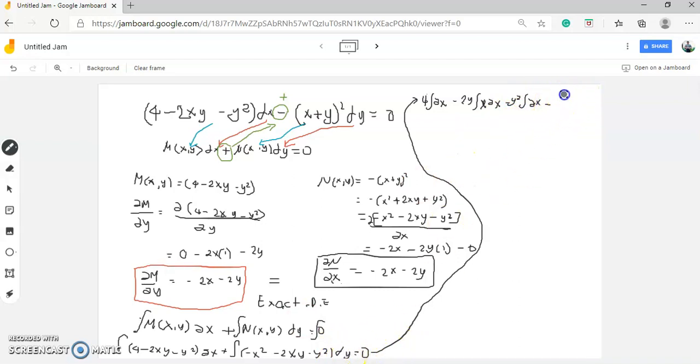So therefore, we'll write it like this: negative x squared dy, minus 2xy dy, then minus the integral of y squared dy equals the integral of 0.